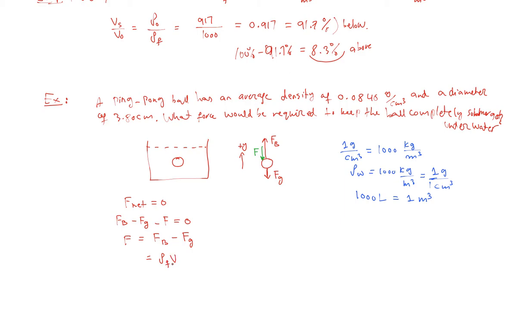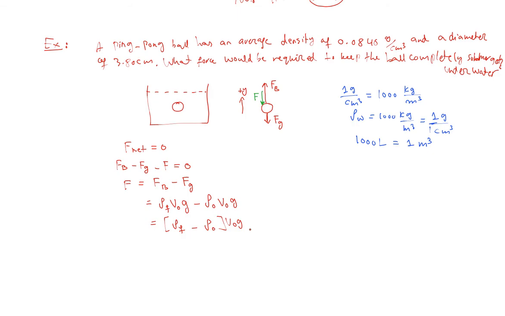Now this ping pong ball is fully submerged, so the volume submerged equals volume of the object times G. The gravitational force is density of the object, volume of the object times G, and here V naught G is common, and we get that the force is density of the fluid minus density of the object, okay, times the volume of the object times G.